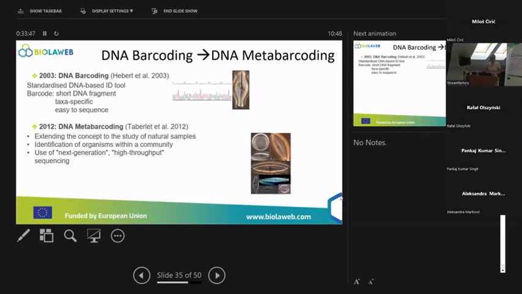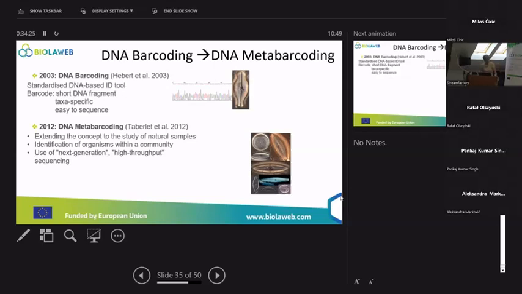This is an extension of the concept to the study of natural samples, where you have a mix of different species. You have community samples, and you need to identify all the organisms within the community. And for that you use new sequencing technologies, high throughput sequencing, what we also call next generation sequencing, in order to have a good representation of a community sample.